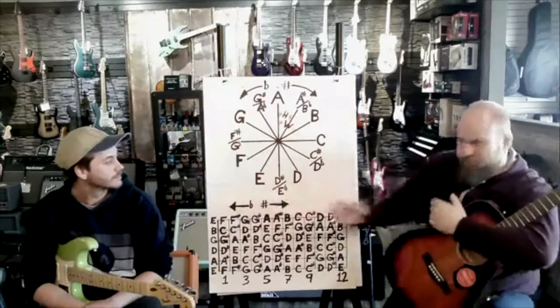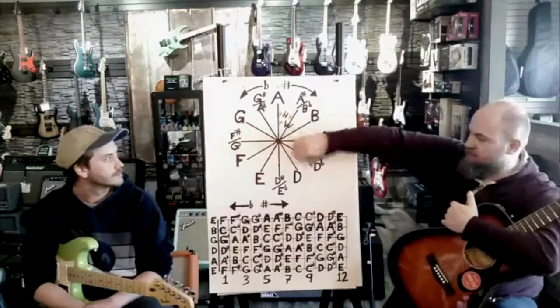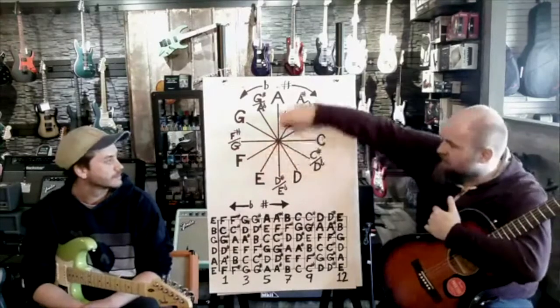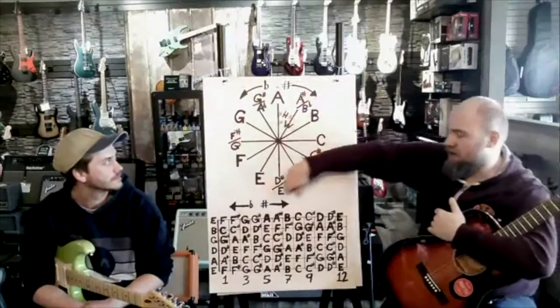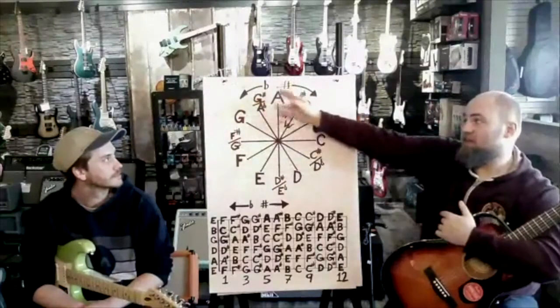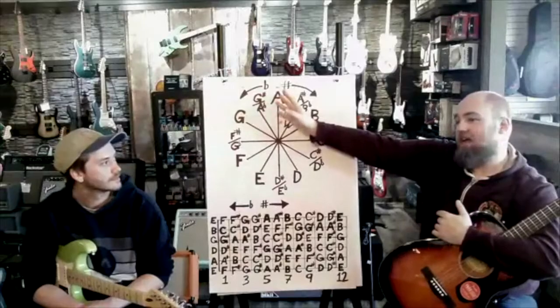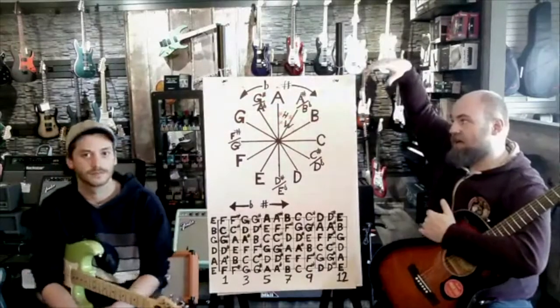So I guess another thing that you can do is when you think about going around in that circle, if you start at A and go all the way clockwise, going up in pitch to A again, you're at A, but it's higher, right?